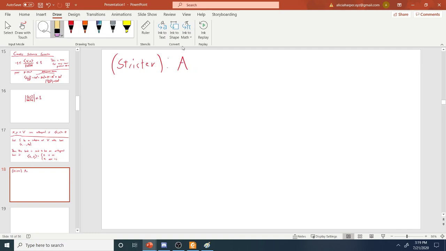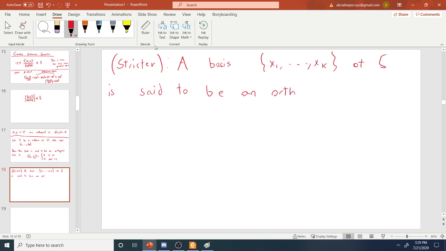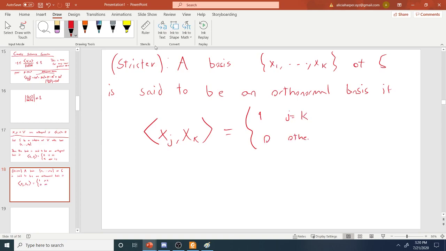A basis x1 through xk of S is said to be an orthonormal basis if the inner product of xj with xk is equal to 1 when j is equal to k, and 0 otherwise.